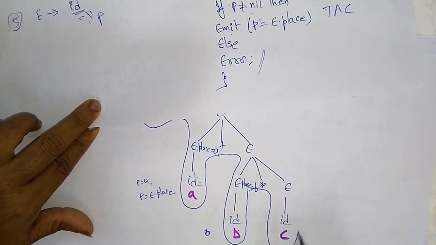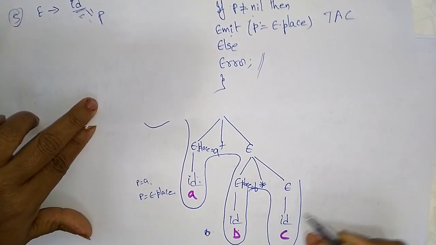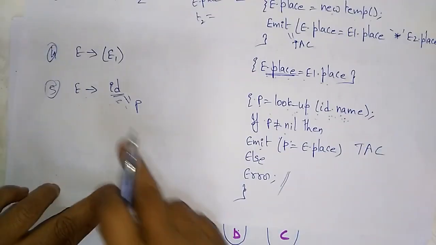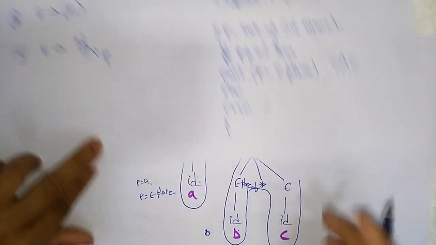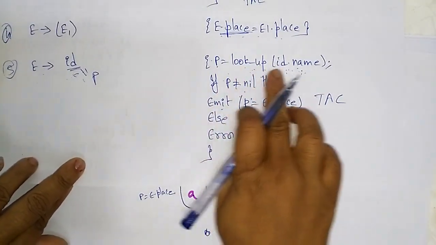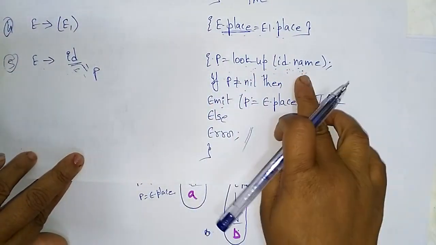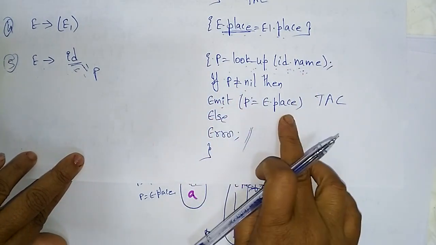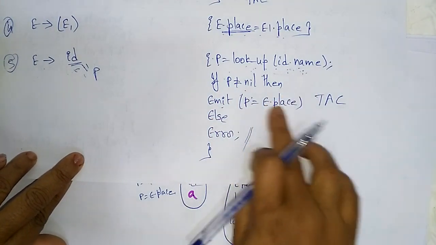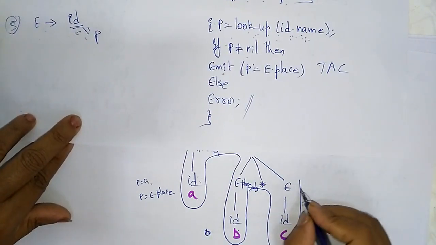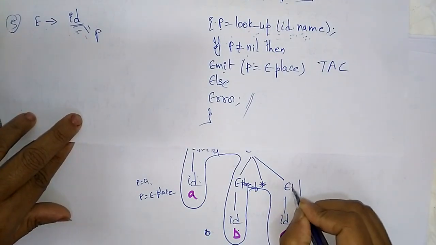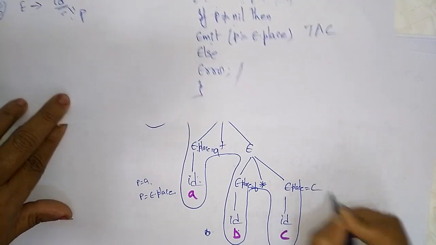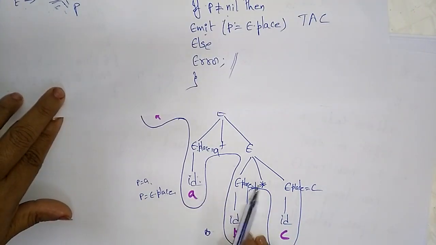Again the reduction is there, the same E determines ID, the fifth production, same procedure. Here the ID.name gives P = c. It is not equal to null, so E.place = c. So we have a, b, c.